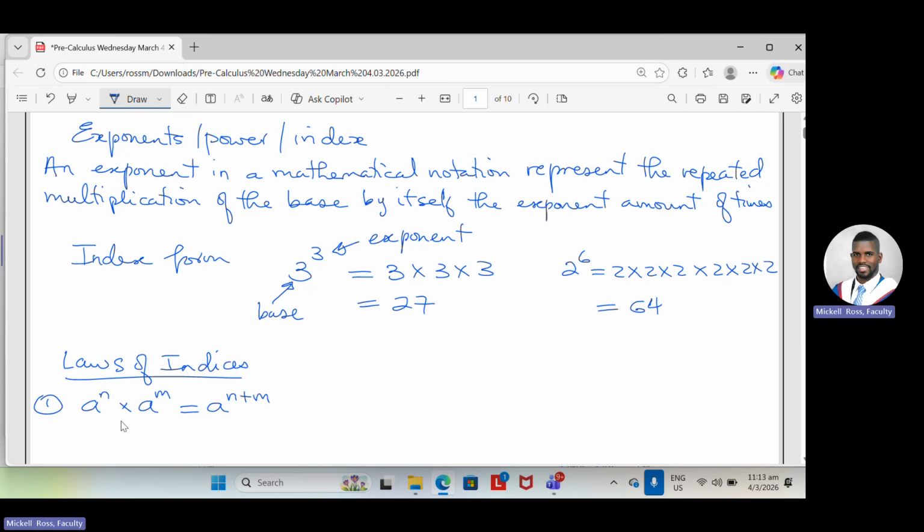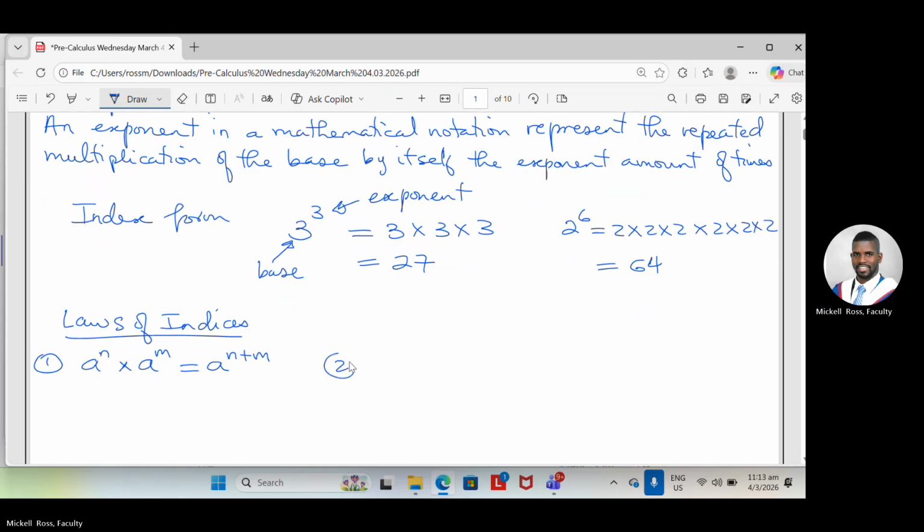What we are saying here is that if you are multiplying two things and the base is the same, notice both of them have base as A, and the powers are different, you just add the powers. All right, so that is what is taking place there. Say, for instance, you are dividing two things and their base is the same, but the powers are different.